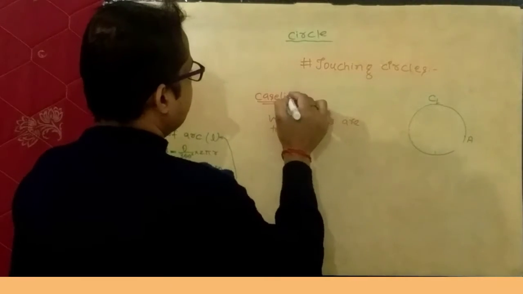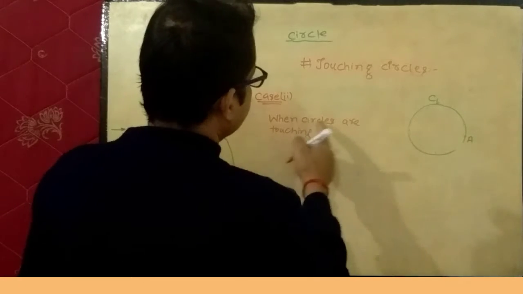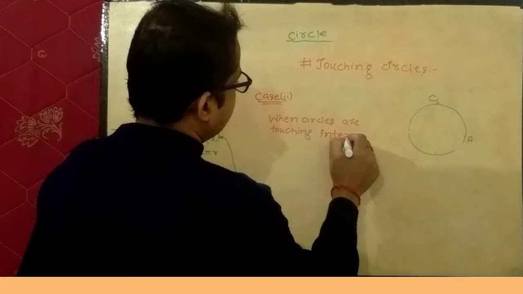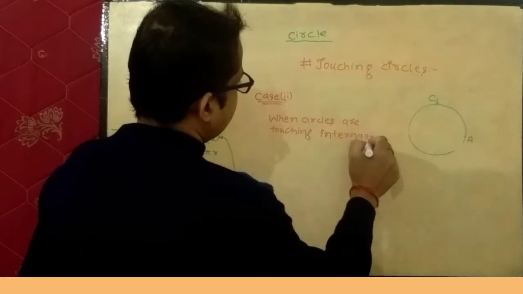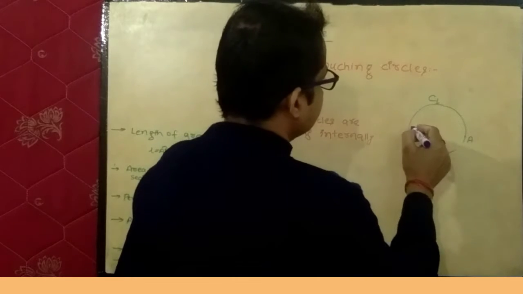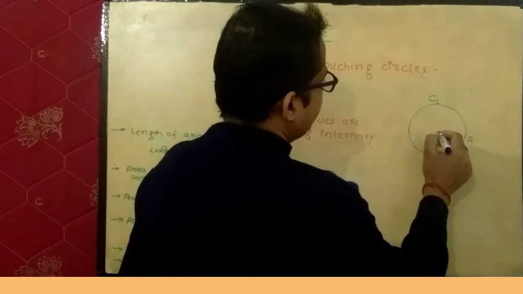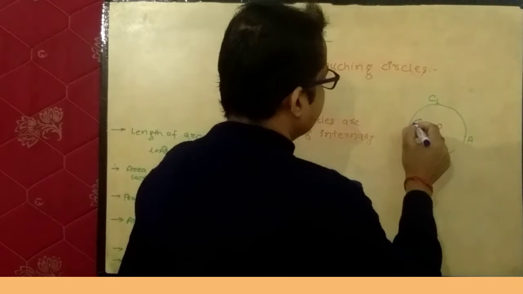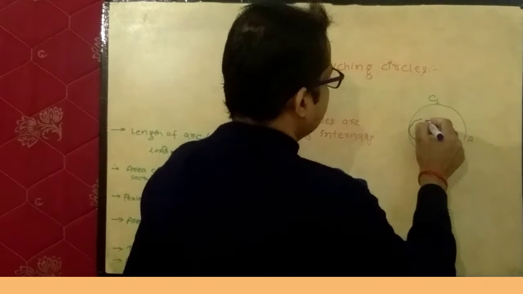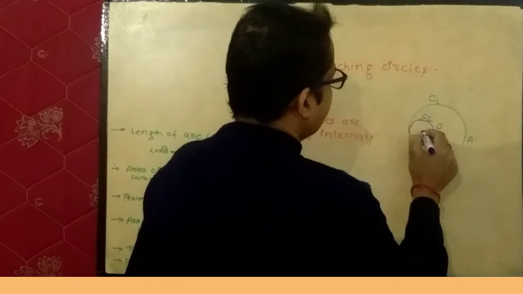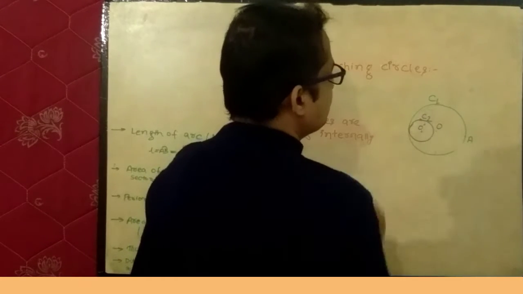Case second, when circles are touching internally. Here there are two circles. This is circle C1 having center O, and this is circle C2 having center O dash.